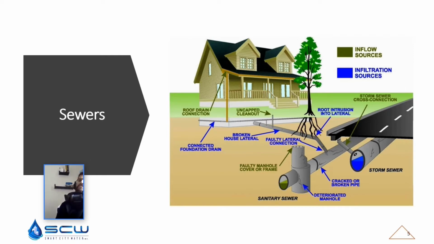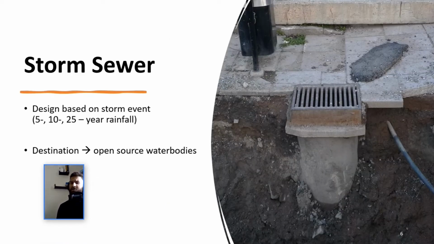What exactly is happening under the ground is we technically have two types of sewer designs or sewer systems. One is a storm sewer and the other one is a sanitary sewer. We do have another type of sewer, which is combined, but that is technically under the umbrella of storm and sanitary sewers. The storm sewer, as you can see in this picture, is designed based on the storm events that we have.